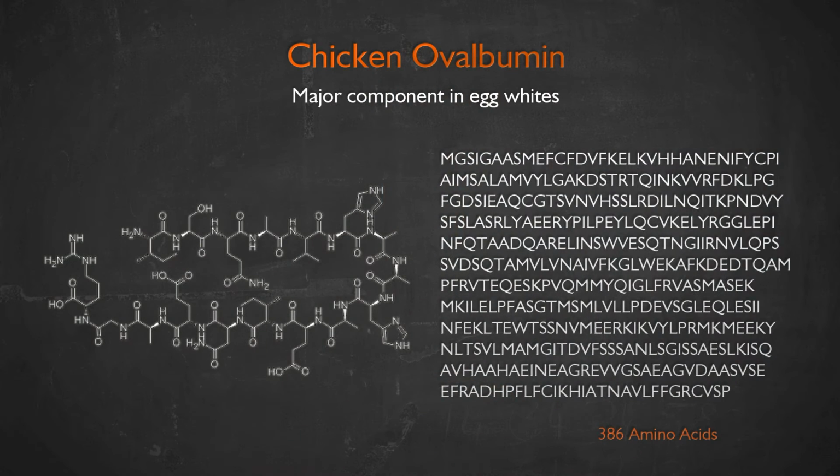Just as an example, it's now possible, in the modern era, to find out what sequence of amino acids corresponds to any protein. So this is the sequence of amino acids that corresponds to chicken ovalbumin. Each of these letters refers to one of the amino acids that I just discussed, and that is the major component of egg whites.